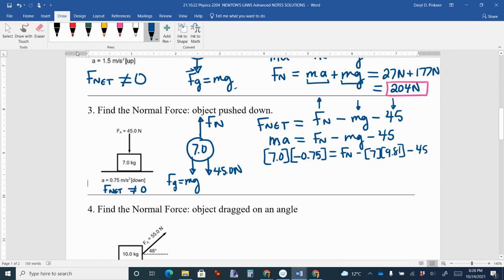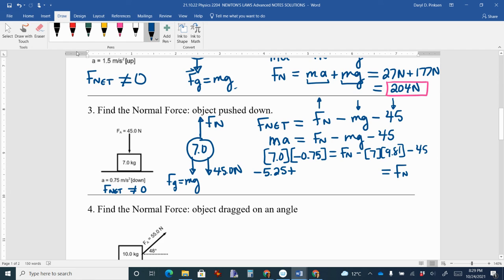And when I rearrange everything, I can leave the Fn over here if I want. I don't like working in this direction, but who cares? So this is going to be 7 times negative 0.75. That's minus 5.25. Plus, this is going to come over and turn into a plus.